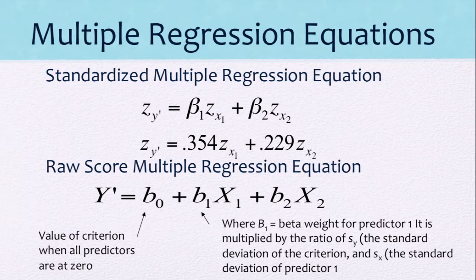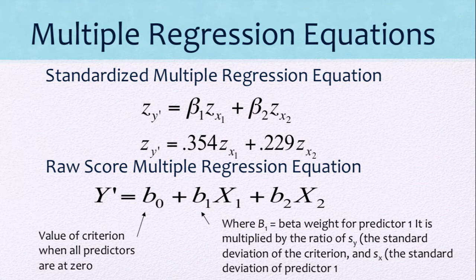For multiple regression, the standardized slopes are referred to as beta weights or partial regression coefficients and are often symbolized by the capital form of the Greek letter beta. These slopes will not be the same as the relationships between the predictor and the criterion as it is in linear regression if the predictors are related.